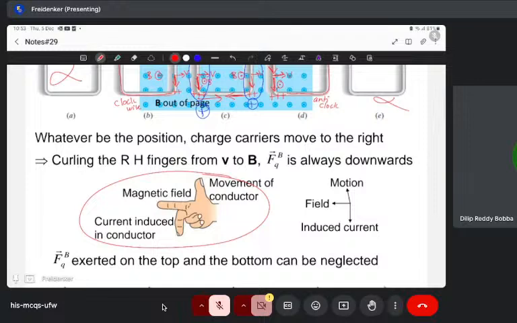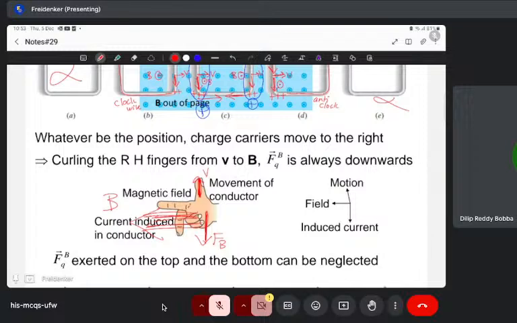I mean, this is essentially what we're doing, no? Thumb is pointing V. You just open all your fingers and point it in the direction of the magnetic field. Then your palm will give you the direction of the force, and therefore the current.